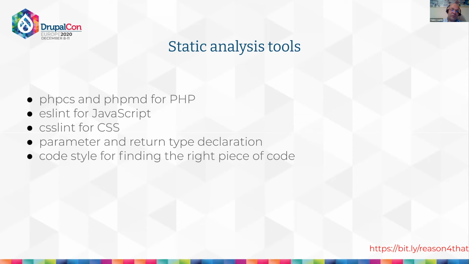Also, with newer versions of Drupal core, there is a requirement to specify parameter and return types, and that also makes PHP closer to statically typed languages like C and C++, so that we can prevent errors even before runtime, just when writing the code and running a static analysis tool.